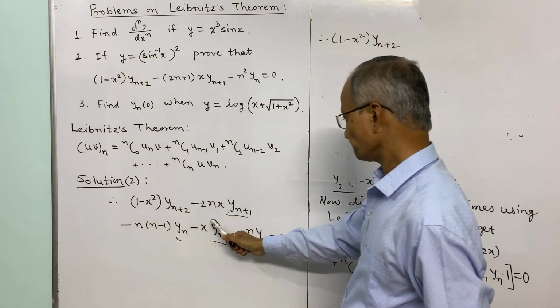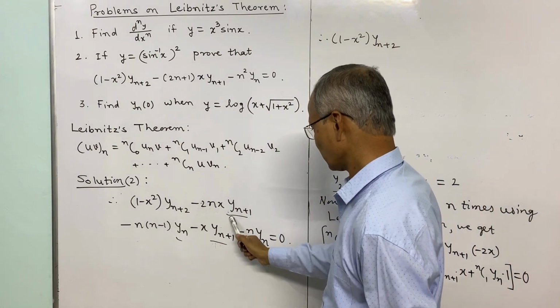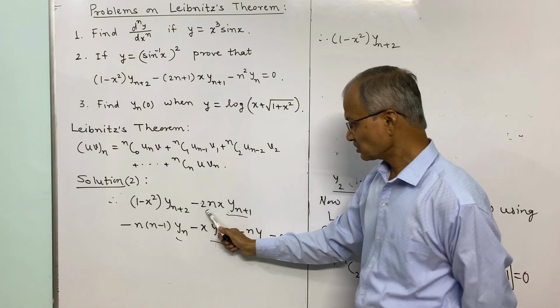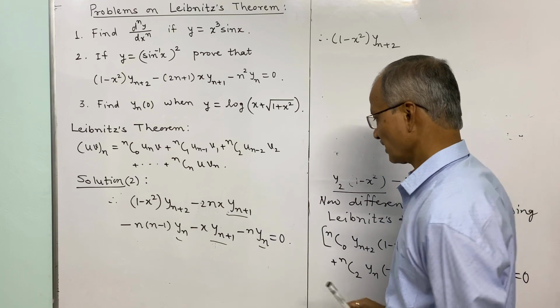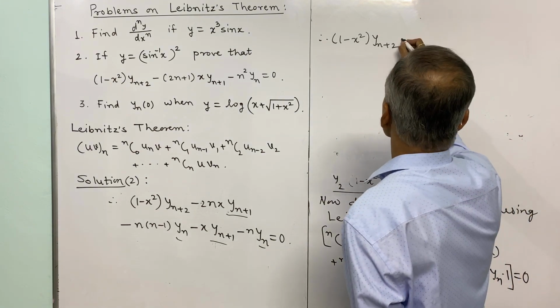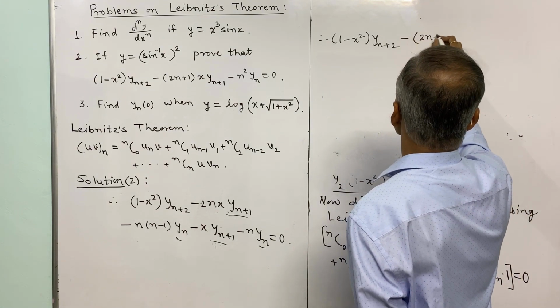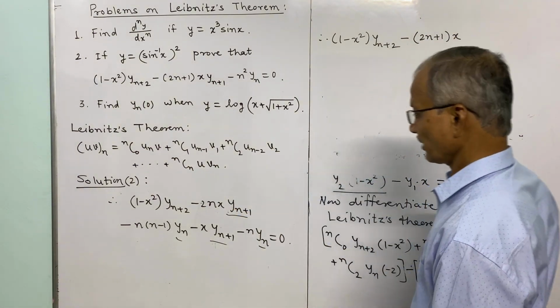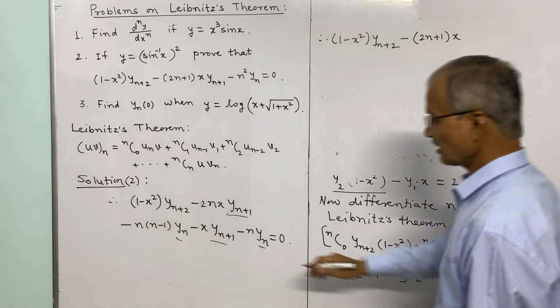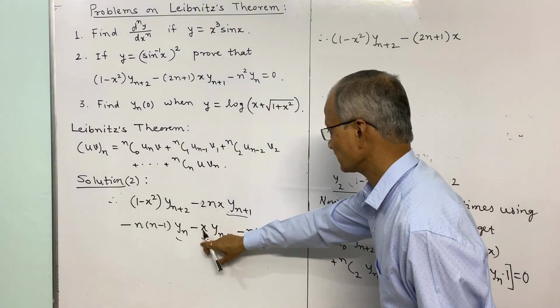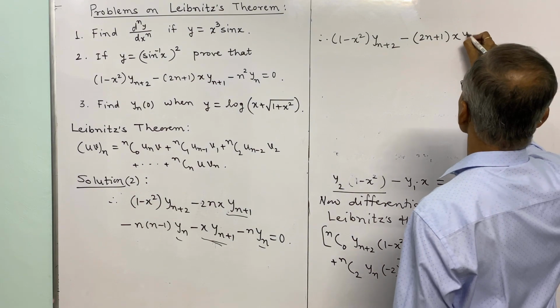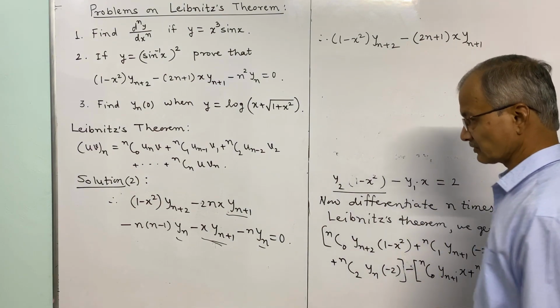And now you see n plus 1, minus sign is common, x is common. So in bracket what remains? 2n plus 1 into yn plus 1. So minus 2n x, x is also common, x yn plus 1 is common. And minus sign is common. What remains in bracket is 2n plus 1, x into the yn plus 1 derivative.